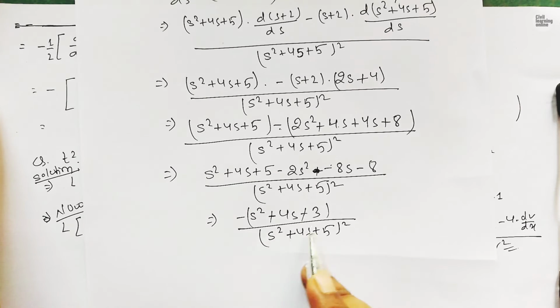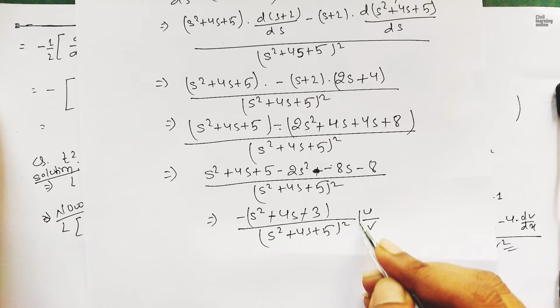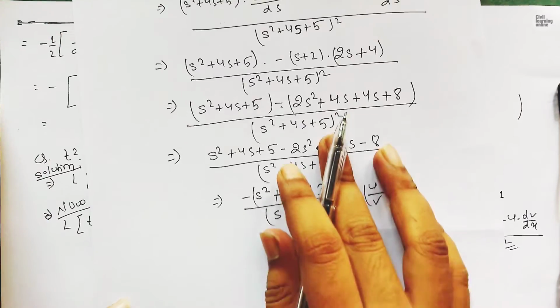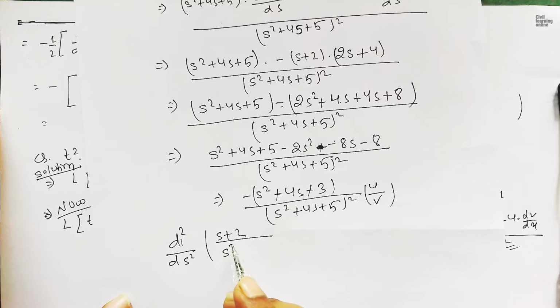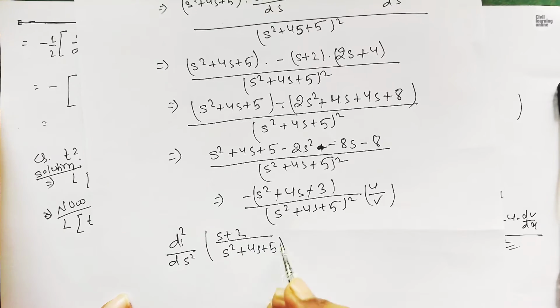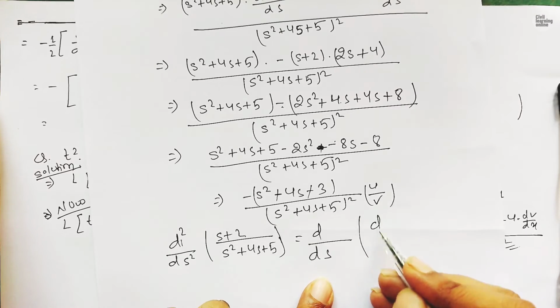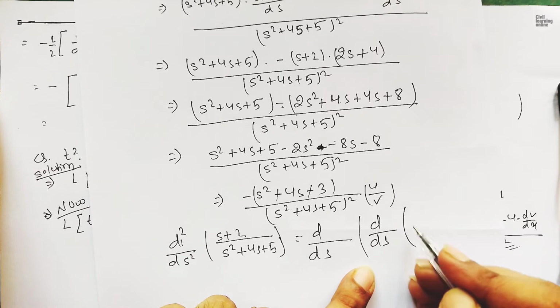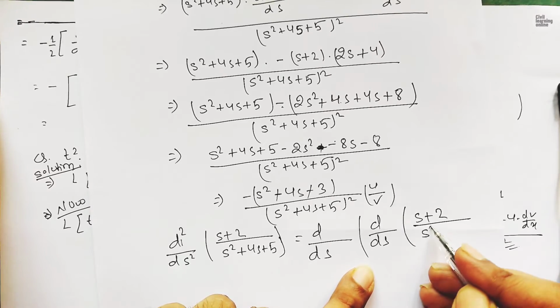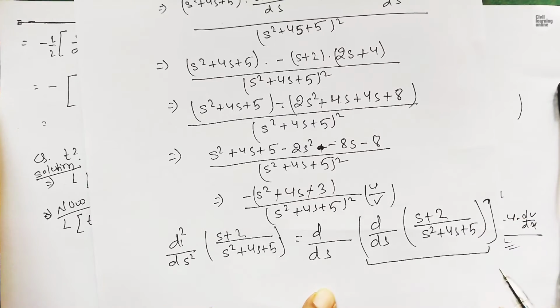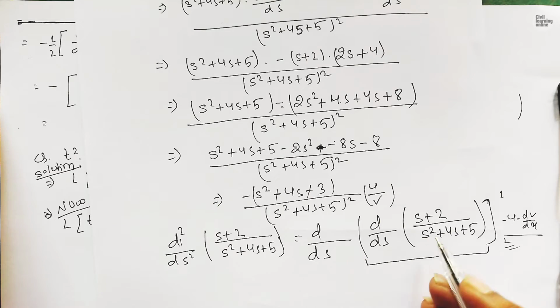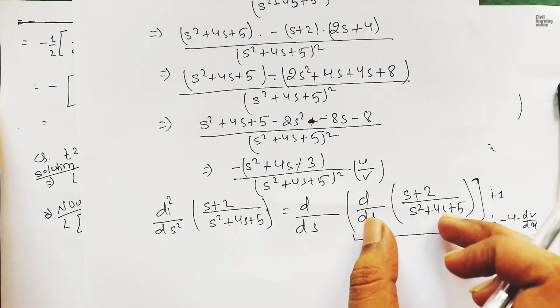So now we need to find the derivative of this term, u upon v. Why? See here, we have d square upon ds square of s plus 2 upon s square plus 4s plus 5. This is actually written as d upon ds of d upon ds of s plus 2 upon s square plus 4s plus 5, and we have solved up to here only, so we have to do the derivative of this term, what we got on finding the derivative.